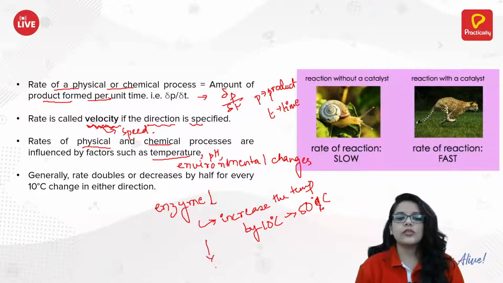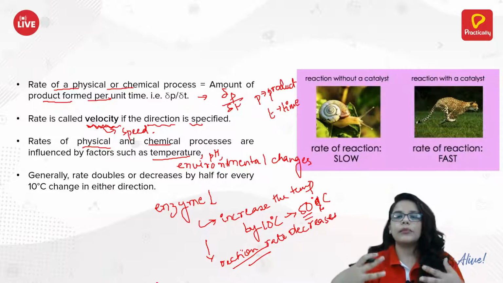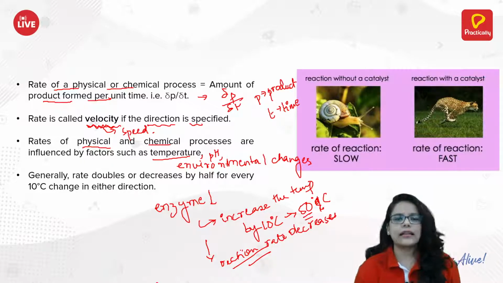The enzyme denatures and your reaction rate decreases, because it has denatured. Now it cannot work. So it has decreased. So be it enzymes or any other catalyst, they all depend on environmental factors.